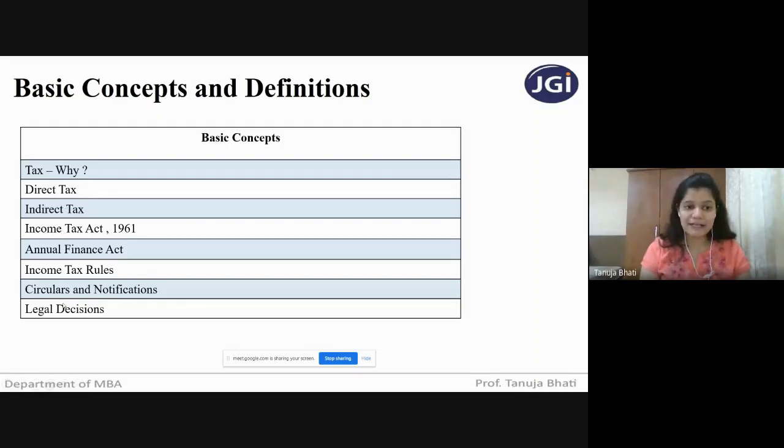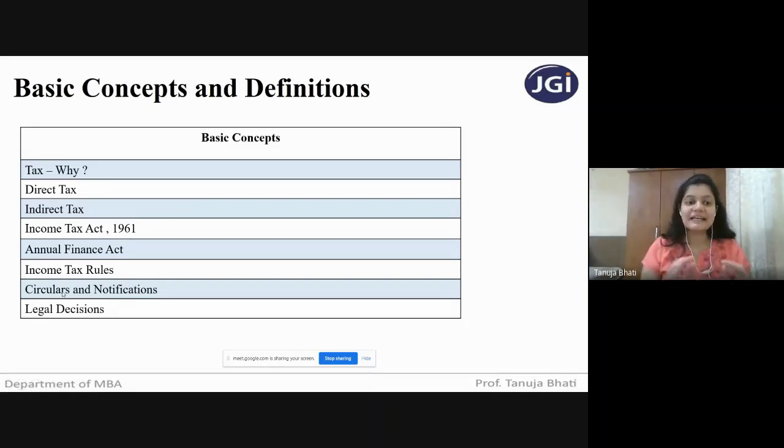Suppose in the act, if there is some ambiguity, if there is some doubt, if there is some clarification required, like suppose in the act something is written which is very absurd, which is not possible to understand. So in order to provide a brief explanation about that, or in order to clarify the doubt relating to that particular provision mentioned in the act, they will issue a circular.